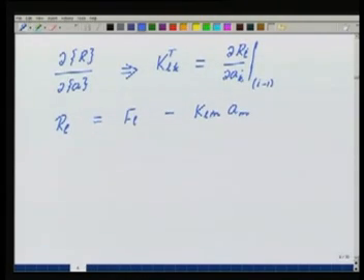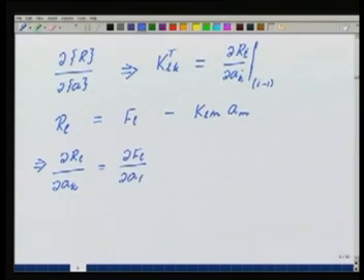Now, if I say, implies del R_L by del A_K is equal to del F_L by del A_K minus, K_LM is itself a function of A_K.